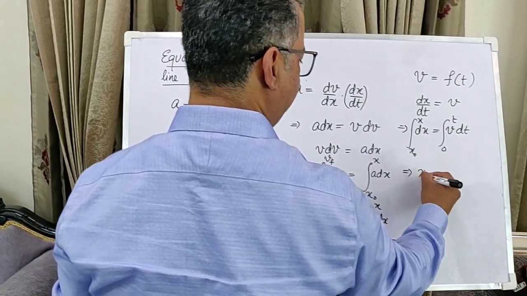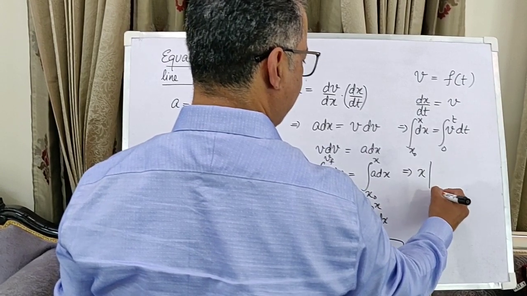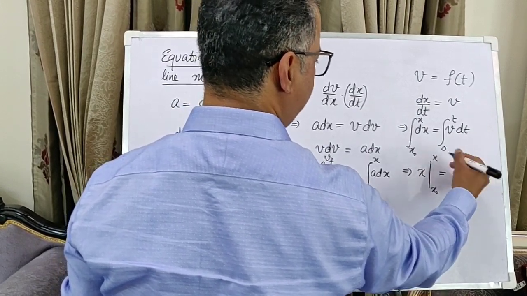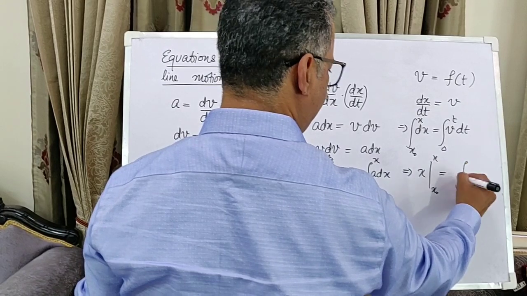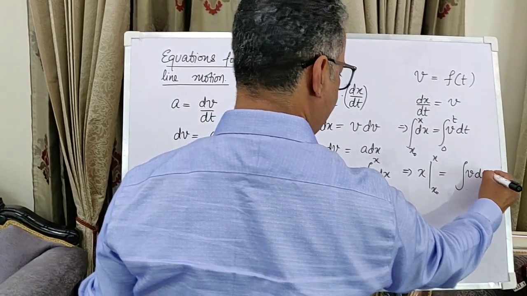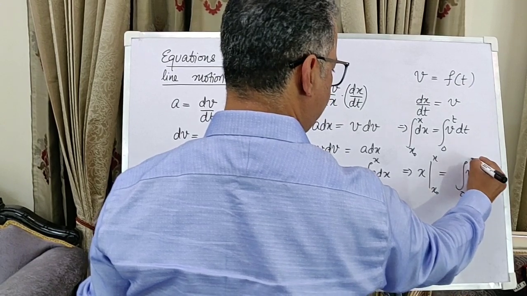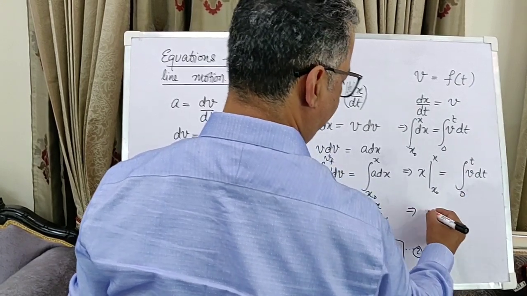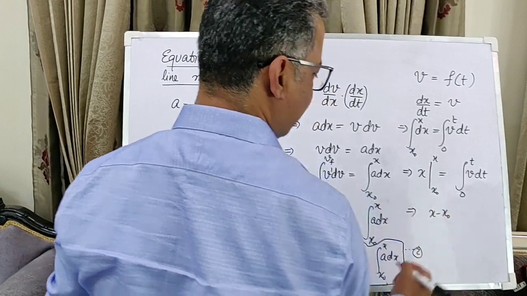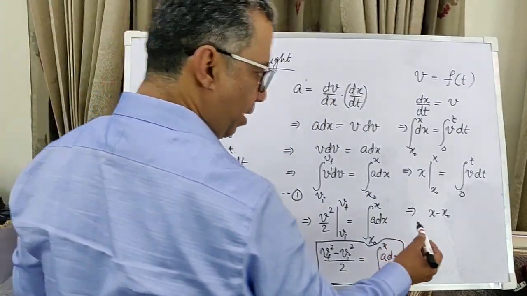Dx when integrated gives us x, limits being x naught to x, and on the right hand side we have the integral of v dt starting with 0 time up to time t. And so we have x minus x naught, that's right, displacement.